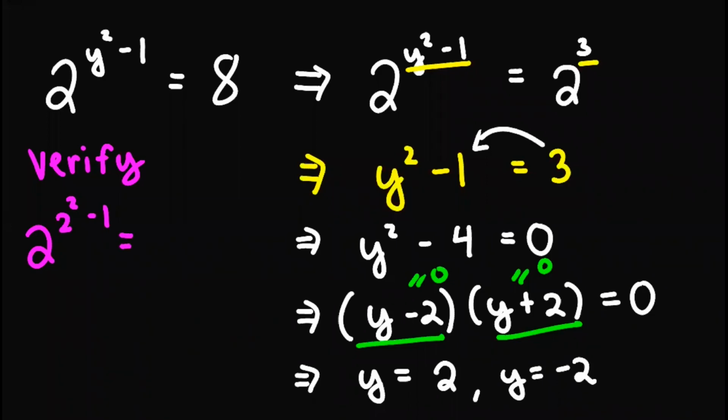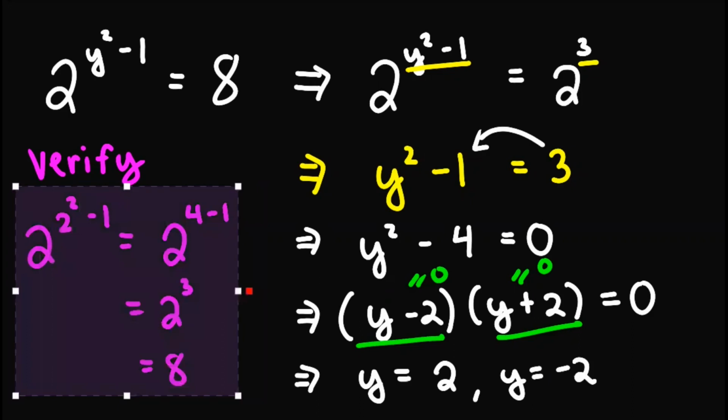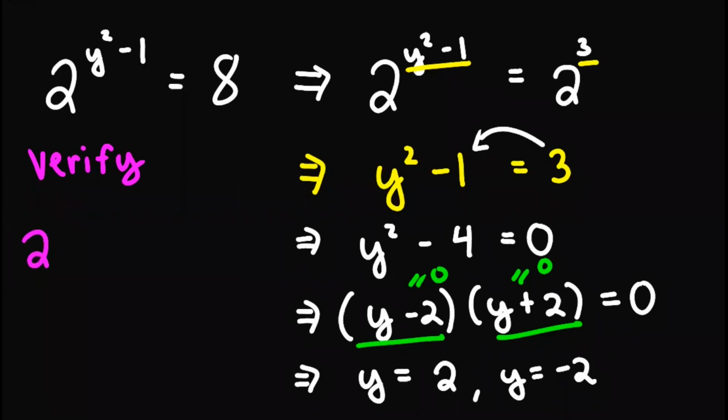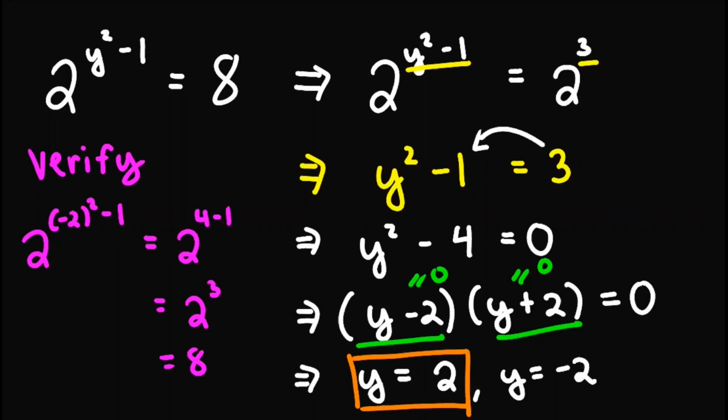That will be 2 raised to 4 minus 1, and this will be 2 cubed, or simply 8. For negative 2, we've got 2 raised to negative 2 squared minus 1. That will be 2 raised to 4 minus 1, and this is 2 cubed and also 8. So indeed, these values of y are correct, and you can conclude that they are indeed the solutions to this exponential equation.